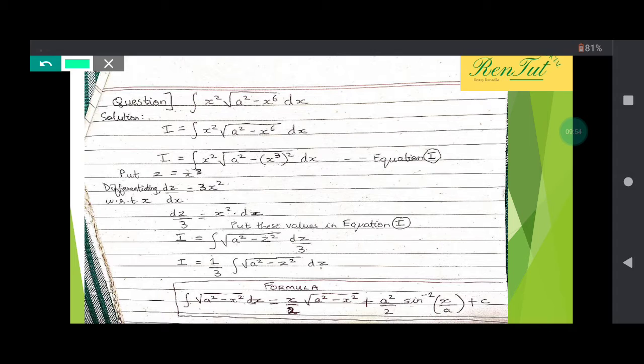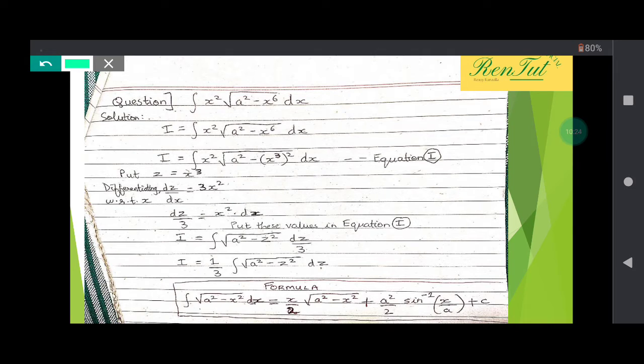You can put any alphabet; I put z is equal to x cube. Now differentiating with respect to x, this becomes dz, and after differentiation will become 3x square. By the x raised to n formula, n comes before x, so here n is 3, and x raised to 3 minus 1 gives 2. That is how you got this.